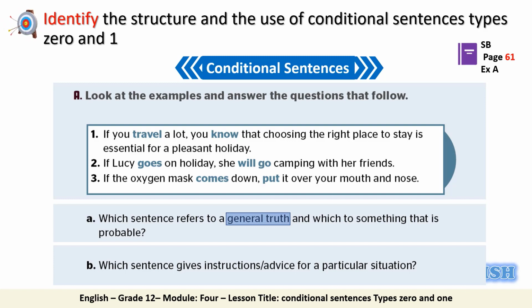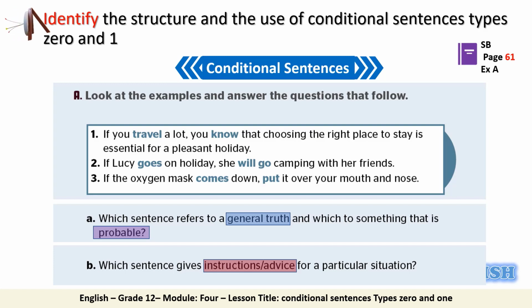Then say which of the sentences above refers to something that is probable, which means something that is likely to happen. And finally, which of the above sentences gives instructions or advice. Well done. Let's see what you have found out.